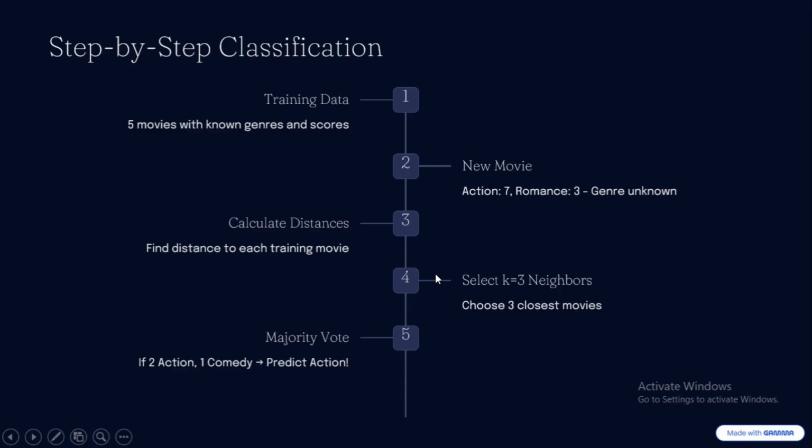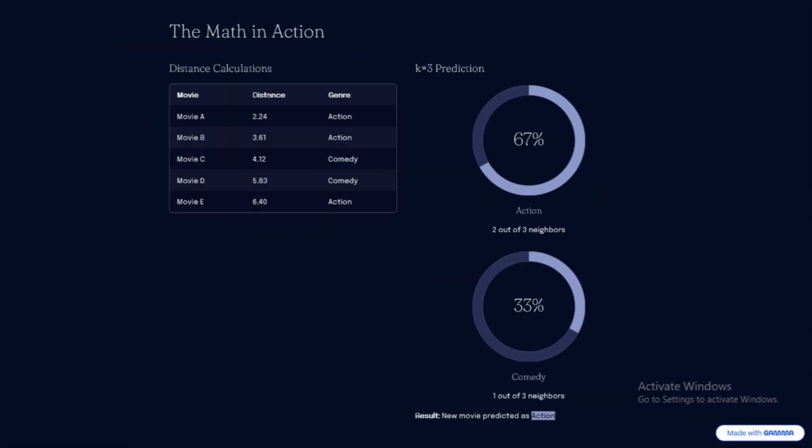Now this is kNN in real life, the math in action. This table shows each movie, its distance from the new movie and its genre.